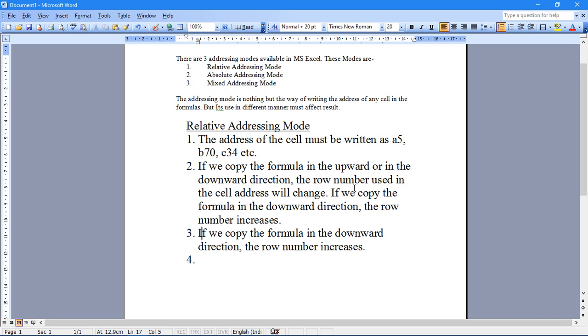If we copy the formula in the upward direction, the row number decreases.